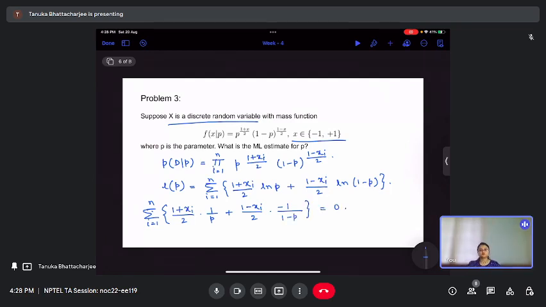Now if we solve this, what value will we get for p? That will be the ML estimate for p. So let us solve.